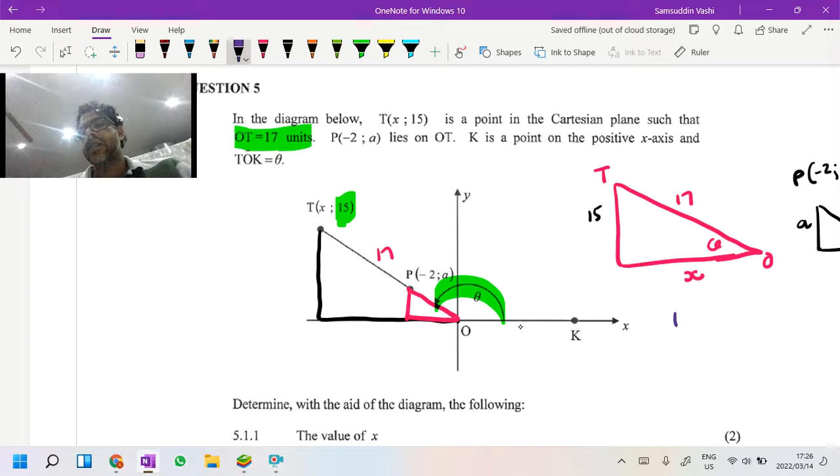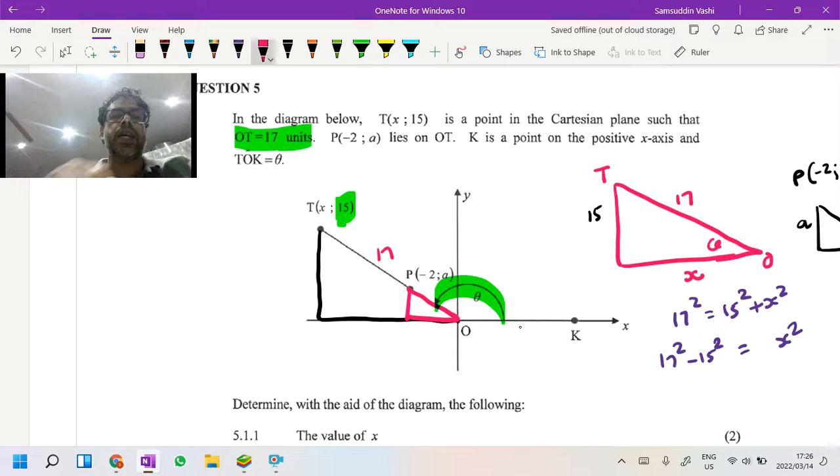I'll say hypotenuse squared is equal to 15 squared plus x squared. So it's 17 squared minus 15 squared equals x squared, but we are looking for x, so I'm going to take the square root on both sides. Okay, so that will give me the value of x.